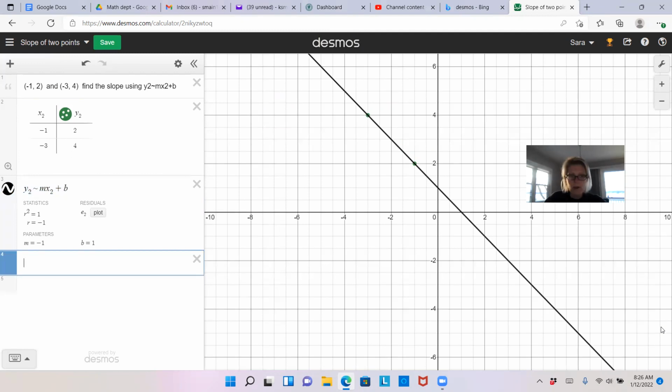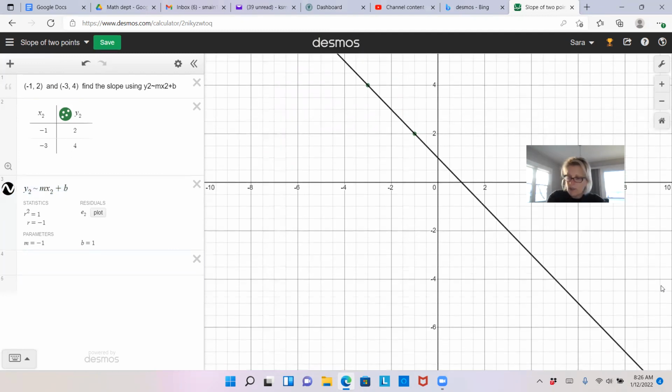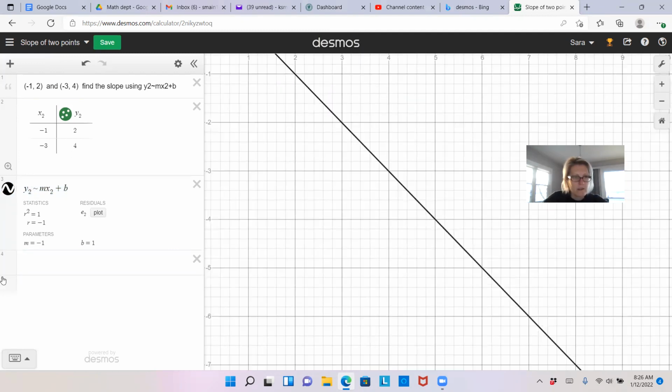Now I'm going to show you how we did it by hand. So we actually made a fraction. So right here, I'm going to do the fraction that we did. We did 4 minus 2, and I'm going to put it in parentheses because of order of operations. I have to do that so that I can then say divide, and then I can put, it was a -3 subtracting a -1.